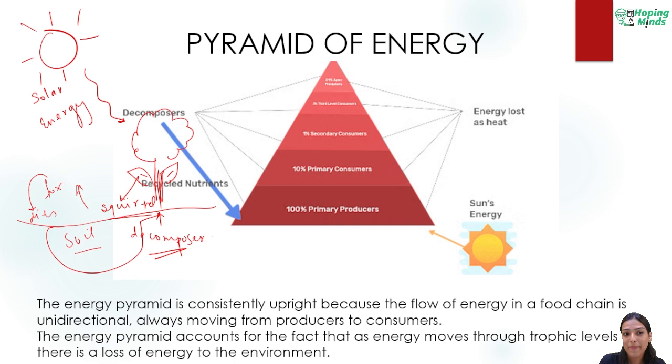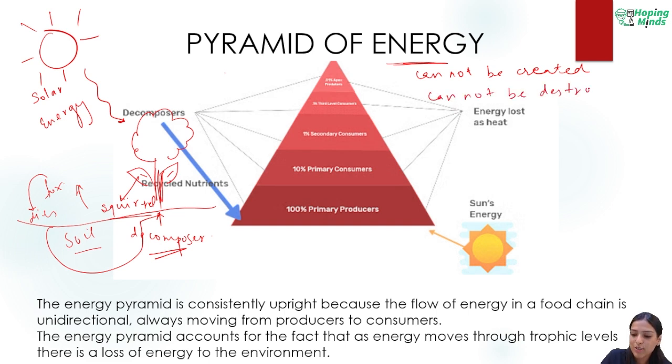Now, coming back to the pyramid of energy. Why did I make this? Because to tell you that energy, as a simple rule, cannot be created, cannot be destroyed, but changes its form.